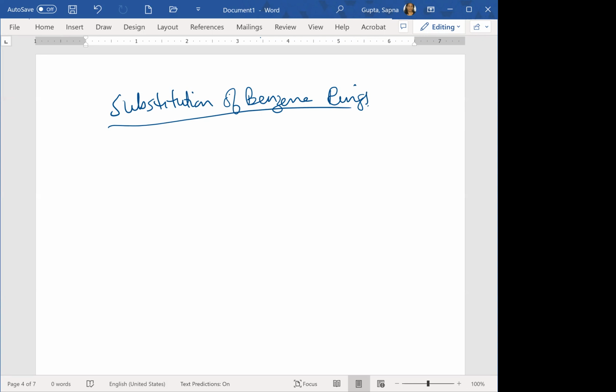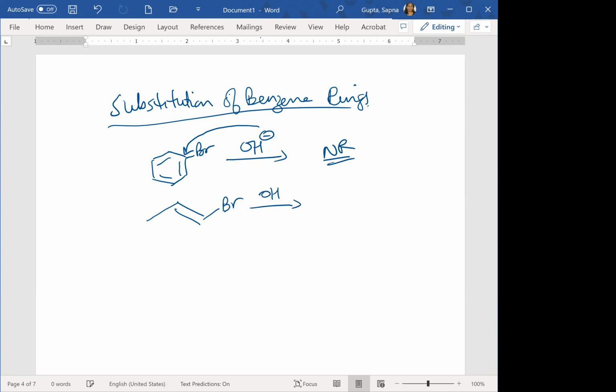So back when we were doing substitution reactions, I said to you that you cannot do this. And I taught you specifically a couple of reactions, from back in organic 1.